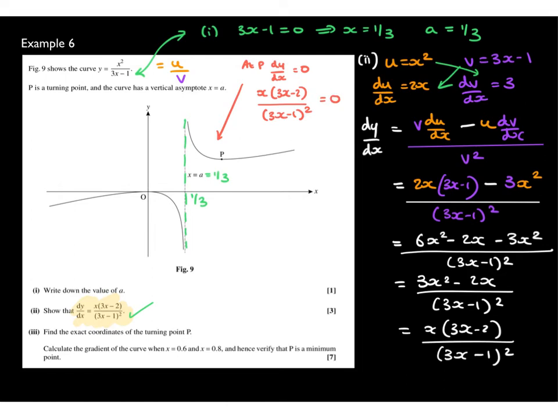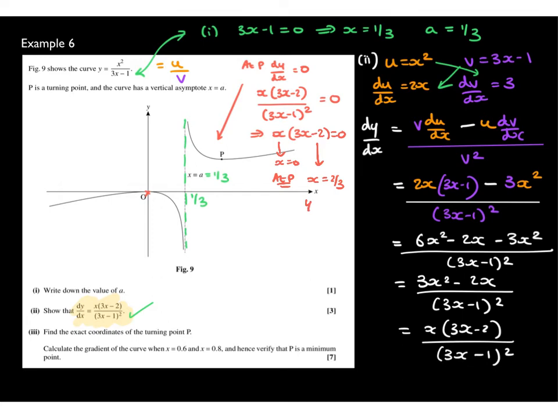The only way this can equal 0 is if the numerator is 0, which then leads us to two possible values: x equals 0, which means there's a stationary point here, and then at P we can clearly see x equals 2/3.